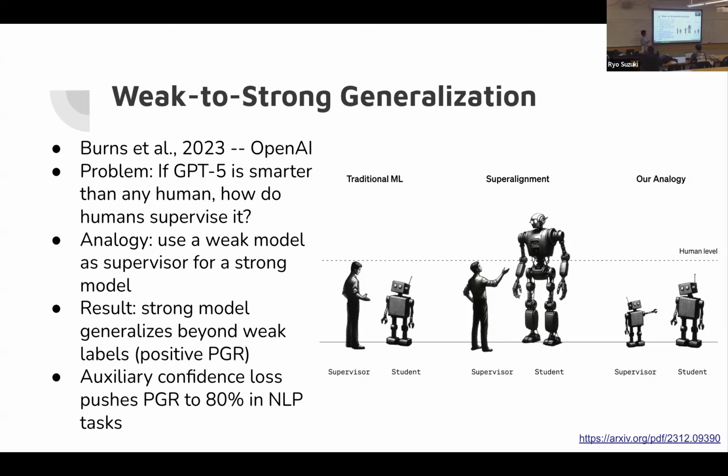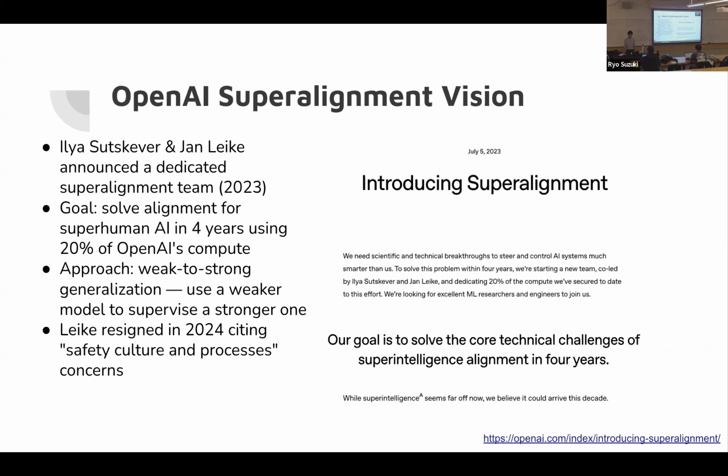So this is how a strong model can be supervised by a weaker model. They did analysis and experiments on how this alignment could be better than human supervision, or how this concept can work. Currently, this is somehow the most plausible, most likely way for AI supervision in the future.